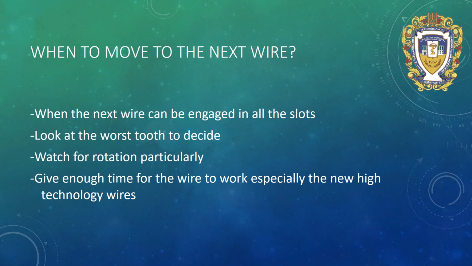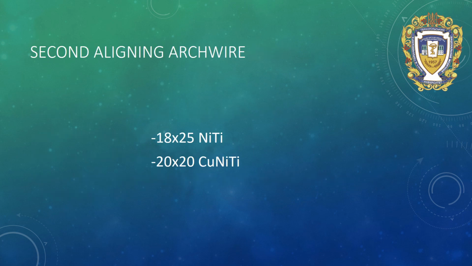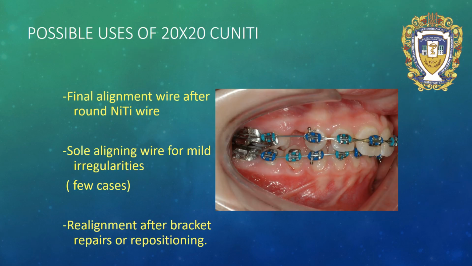When do we need to move to the next wire? When the next wire can be engaged in all the slots. Look at the worst tooth to decide, watch for rotation particularly, give enough time for the wire to work, especially second aligning wires, 18 by 25 nitinol and 20 by 25 copper nitinol.